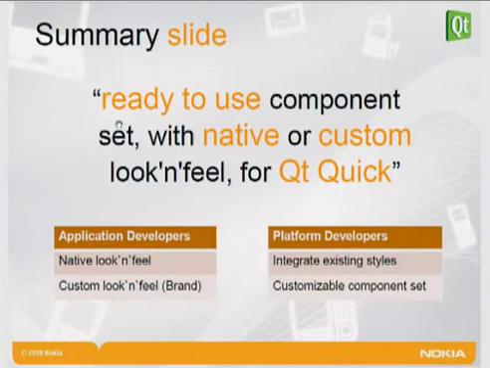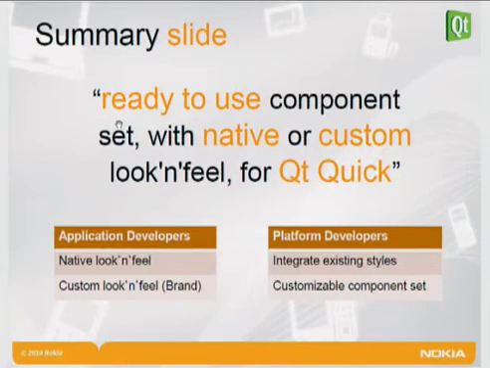Qt Quick provides you all the flexibility. We are trying to provide you, besides the flexibility, a bit of ease of use in getting a component set and customizing it for your own needs. And you can always fall back to Qt Quick and do whatever you want with Qt and QML directly.